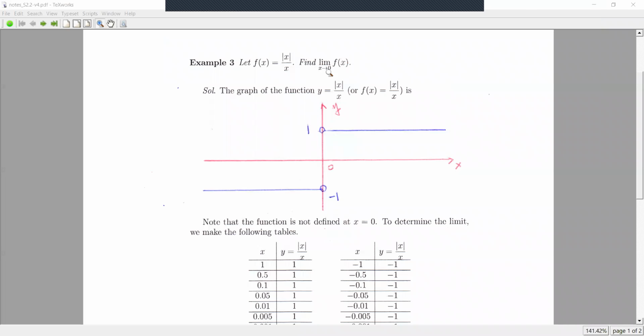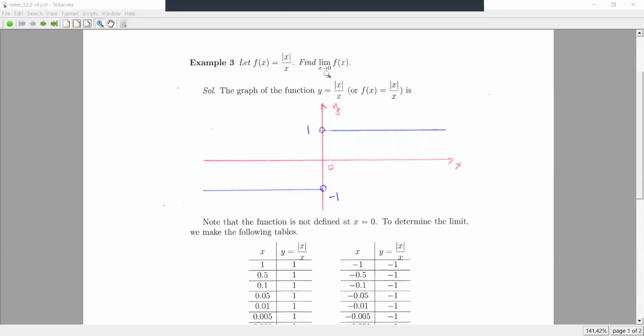Again, I use tables to find this limit. In this limit, x approaches 0. There are infinitely many ways that x can approach 0. X can approach 0 from the left side of 0. X can approach 0 from the right side of 0. X can approach 0 by jumping around 0.